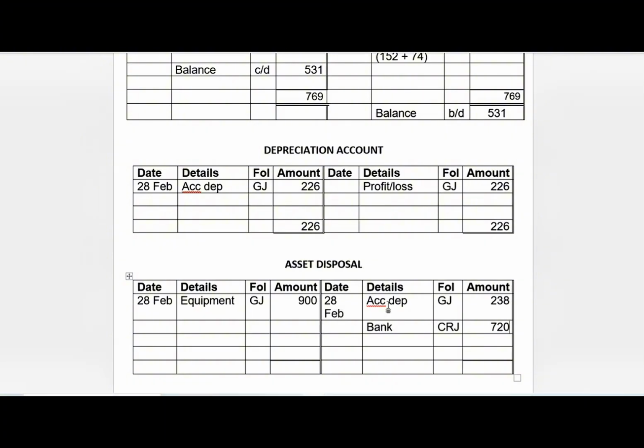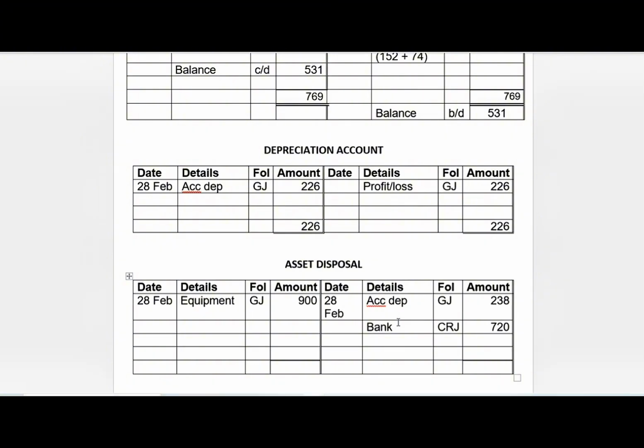So now we are done with everything that is needed in the asset disposal. We just need to determine whether we have made a profit on the selling of that equipment or we've made a loss. We do this by checking which side is bigger. According to the information that we've put in the asset disposal account, the credit side is the bigger side.